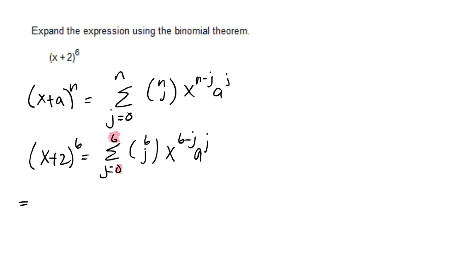Substituting a 0 in, we get 6 choose 0, x to the 6 minus 0, and a to the 0. I apologize, this a for our example is a 2, so let me fix that.